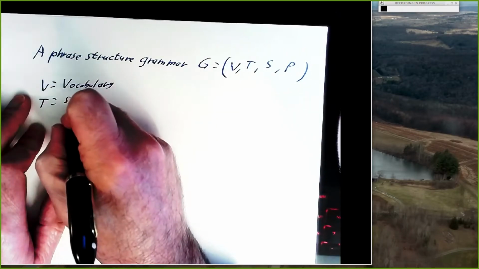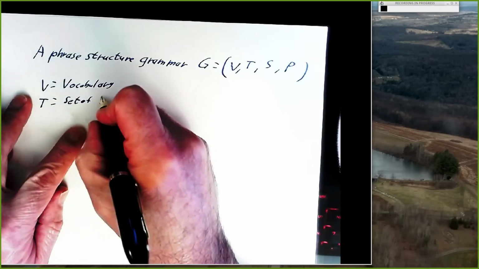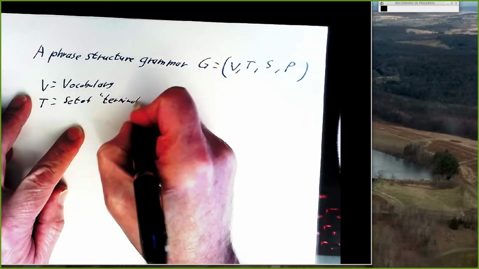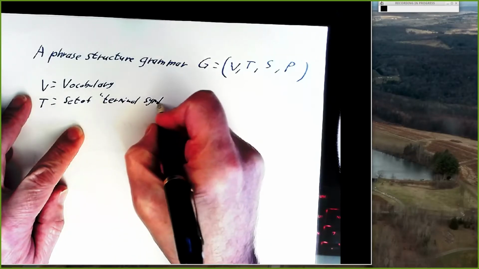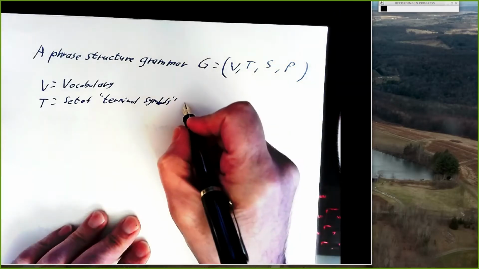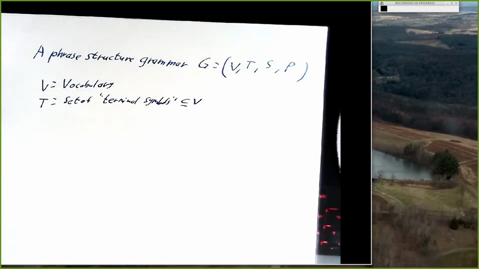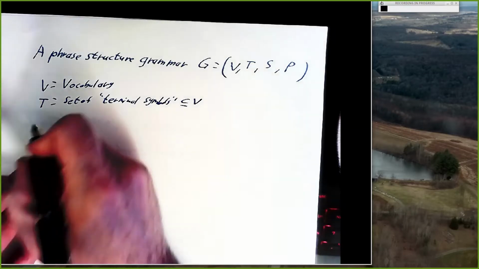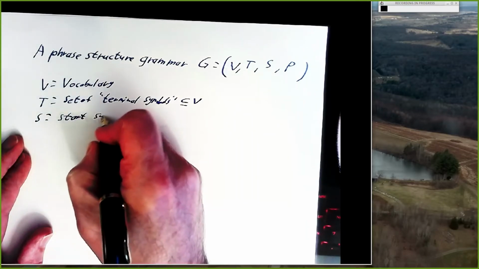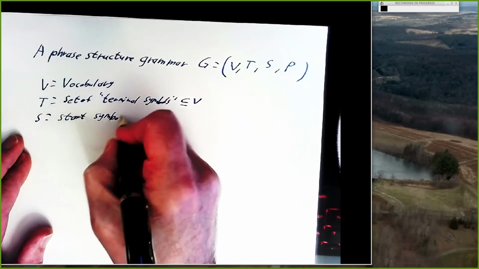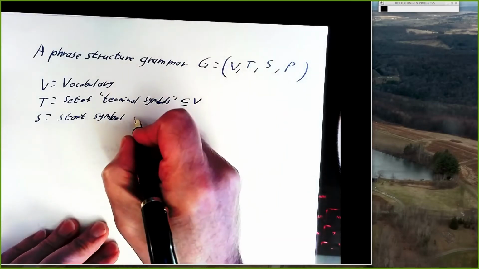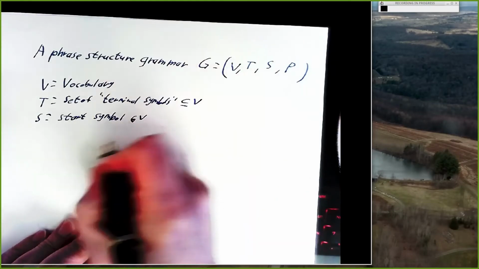T equals a set of what we call terminal symbols, and that'll be a subset of the vocabulary. S will be a start symbol, and this is an element of the vocabulary.